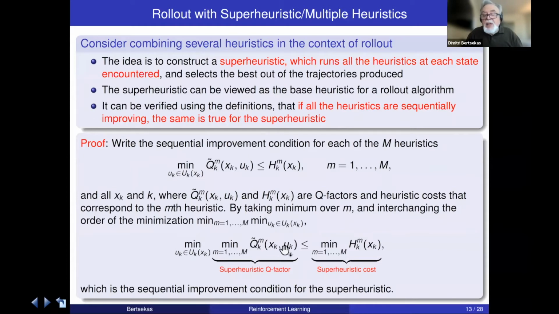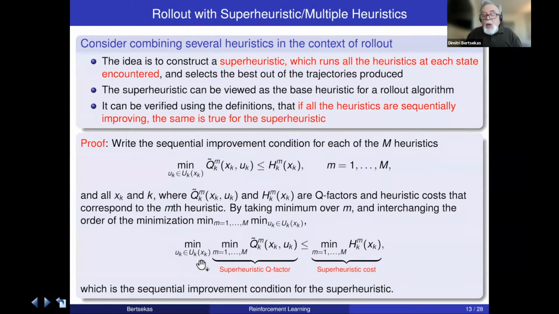And what we have is this. So taking the minimum of both sides with respect to M in this inequality and interchanging the order of minimization on the left-hand side, we obtain this expression here.